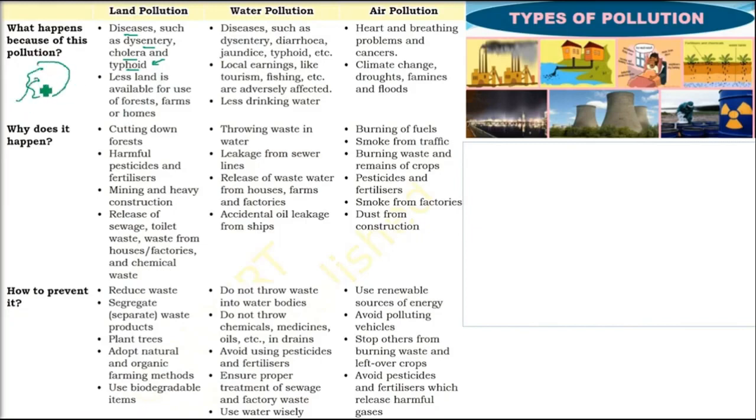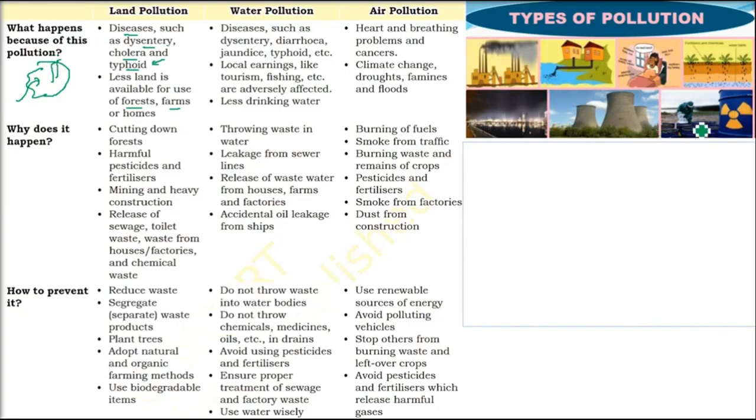If you destroy the soil or it degrades, there will be no agriculture, you cannot grow a forest, there will be no farms, and even homes cannot be made there. How about water pollution? Again, the same thing: diseases.